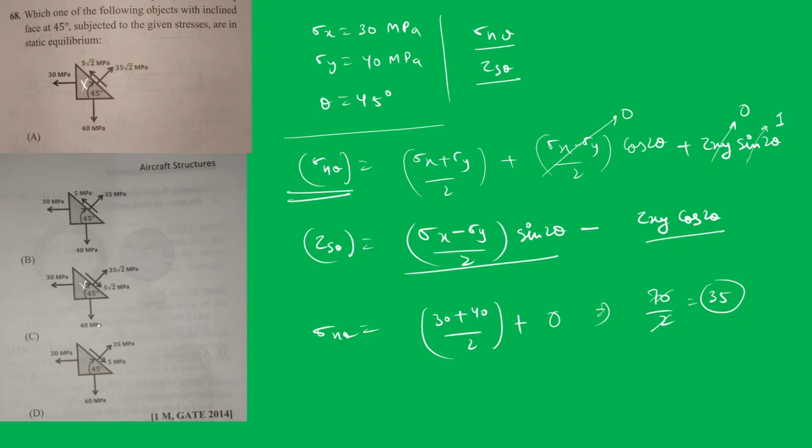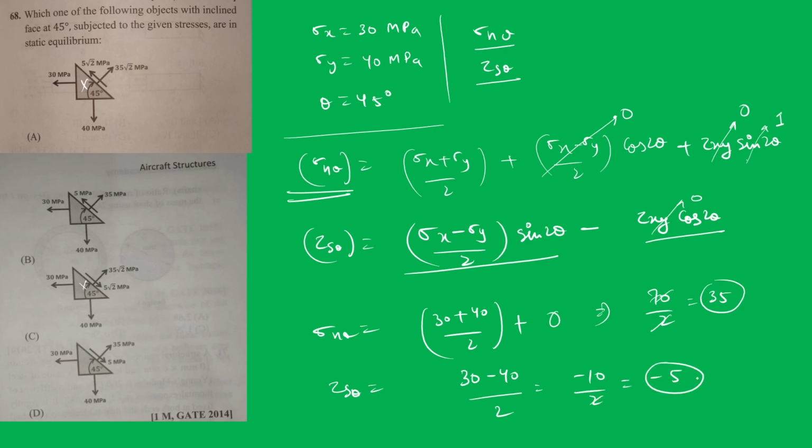Now we have to check for tau s theta. Tau s theta is sin 2 theta, cos 2 theta. This part will go. Sigma x minus sigma y by 2. Sigma x is 30 and sigma y is 40, so minus 10 by 2, that is equal to minus 5.